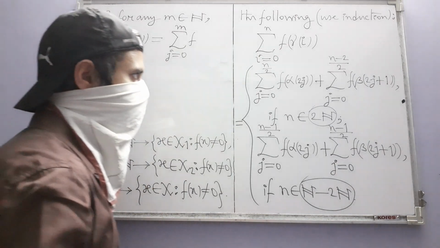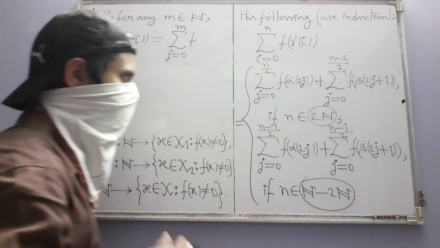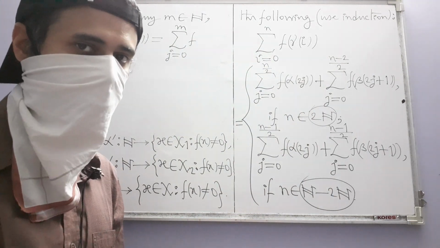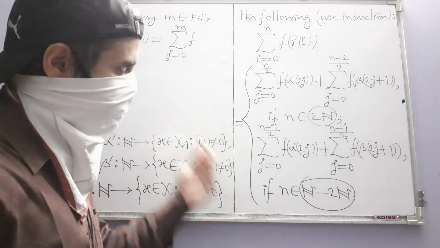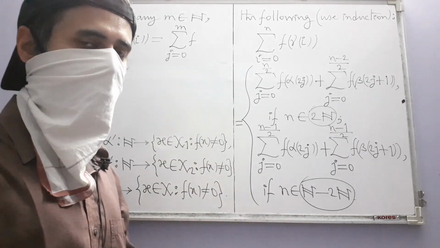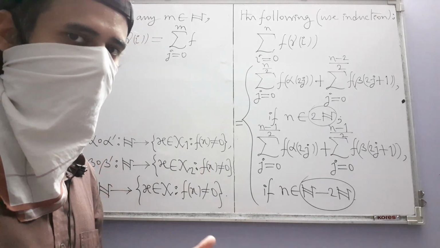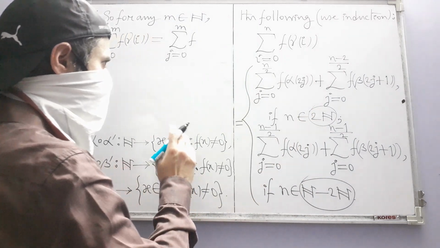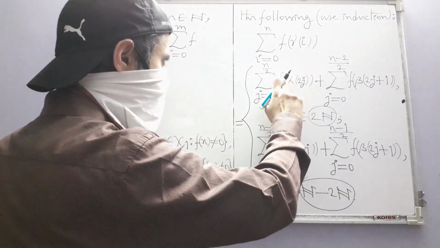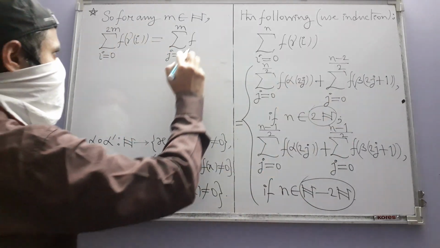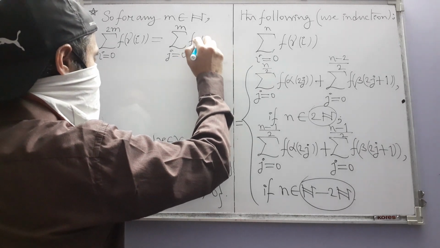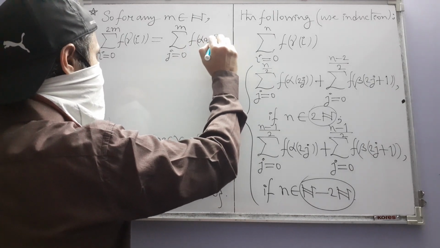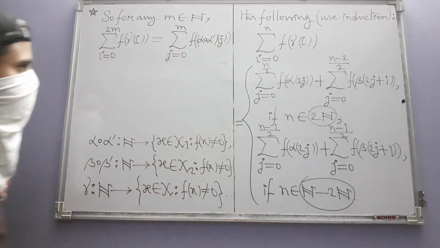But now instead of writing 2j, I am going to write alpha prime of j, because that's what the function alpha prime is. It maps every natural number onto twice its value. j gets mapped onto 2j by alpha prime. So 2j just means alpha prime of j, and alpha of alpha prime of j means alpha composition alpha prime of j.